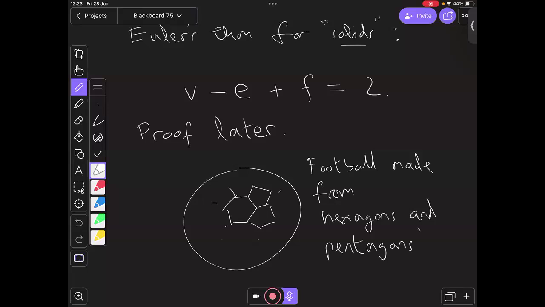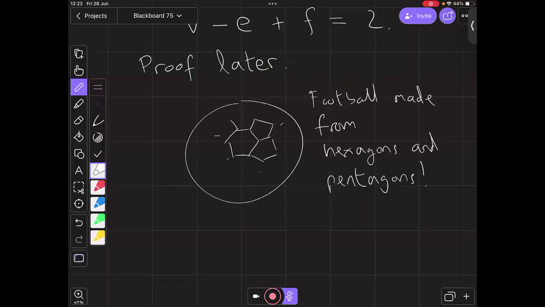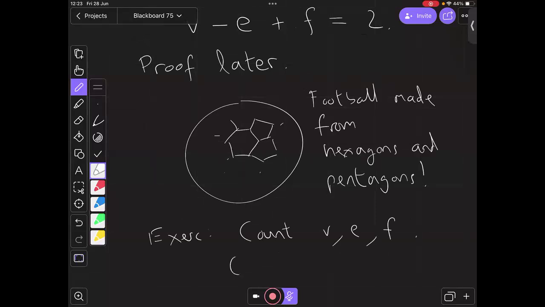And you can do this. So, exercise for you, if you go find a football, count V, E, F, and check V minus E plus F equals 2.